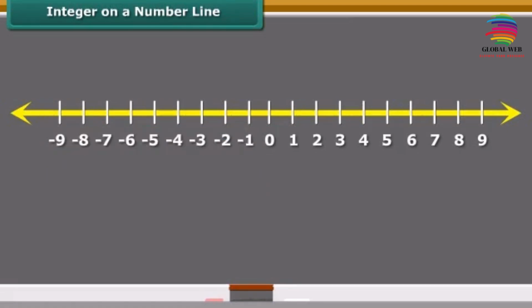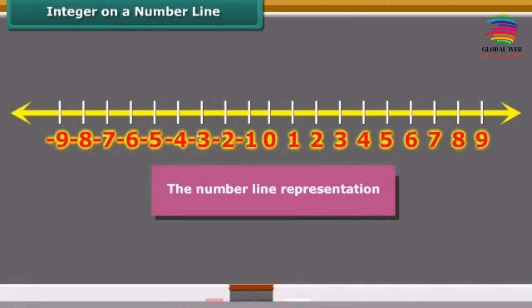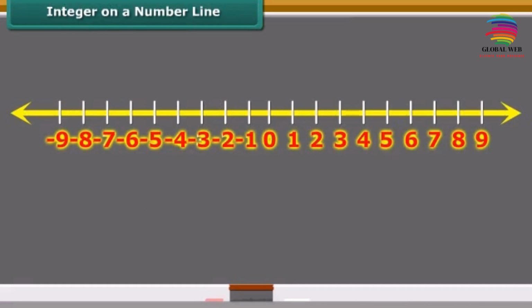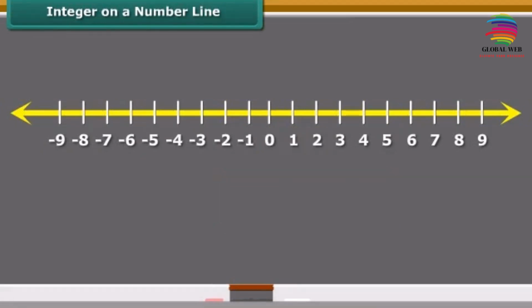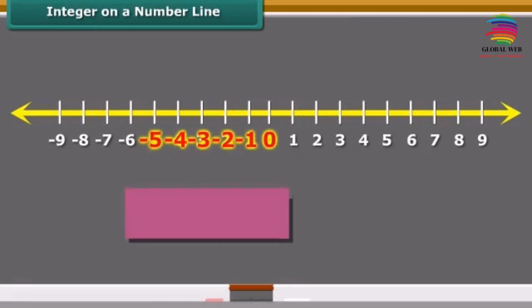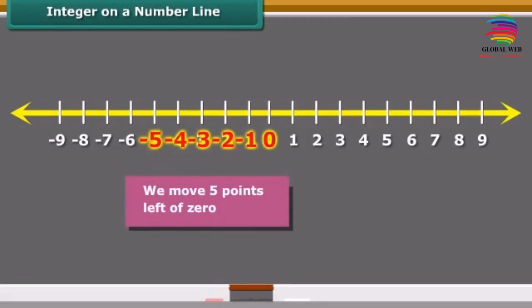This type of representation of integers is called the number line representation. Here, to mark +2 on the number line, we move 2 points to the right of 0. Similarly, to represent -5, we move 5 points left of 0.